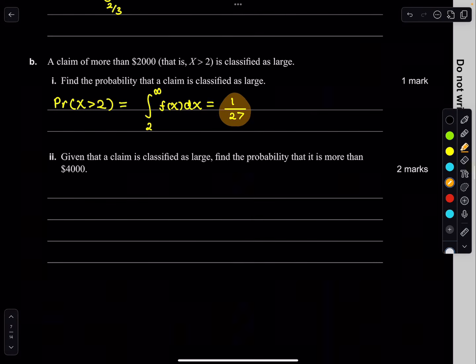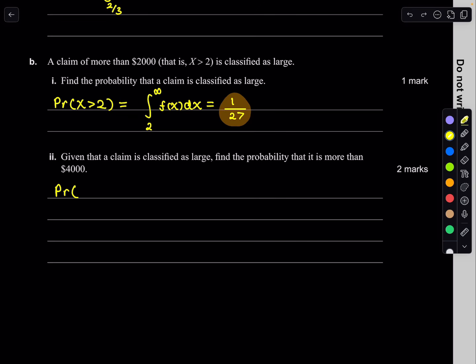Next question. Whenever I hear the word given, it's already telling me that it's probably some conditional probability. Given that a claim is classified as large, find the probability that it is more than $4,000. So it is, again, conditional probability here. Remember, 2,000 represents x is greater than 2, so 4,000 is basically x is equal to 4.